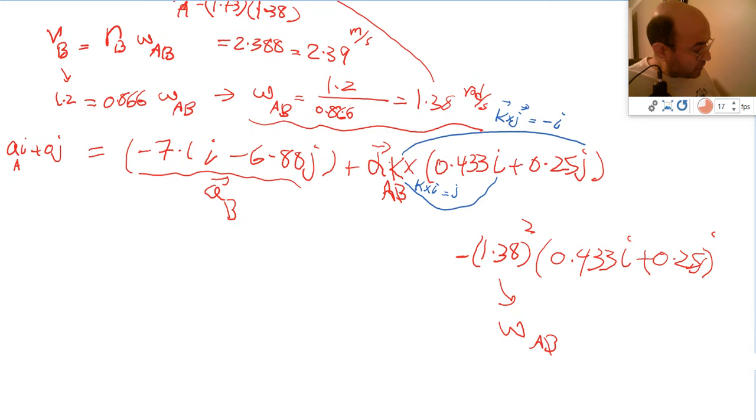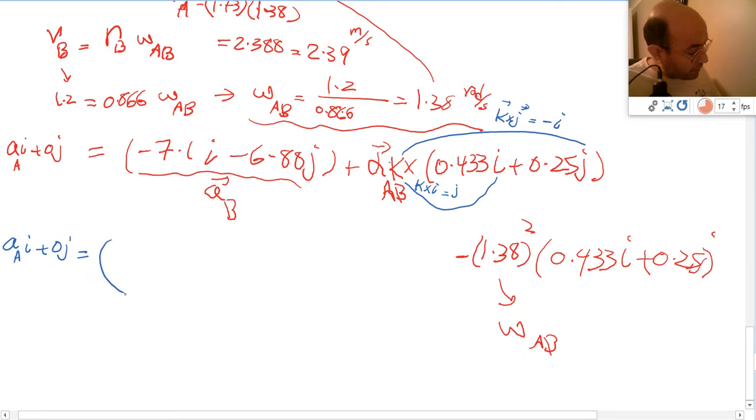Now, I can actually jump into the solution, but before that, I'm going to add the I's together on one side and the J's together on the other side. On this side, I have AA I plus 0 J. On the other side, for I, I have minus 7.1 here. The next one for I is this one over there.